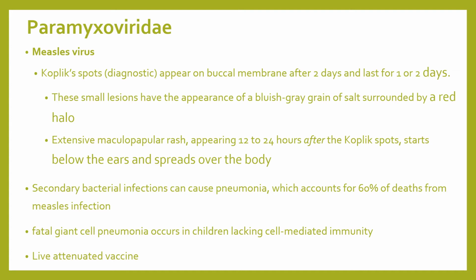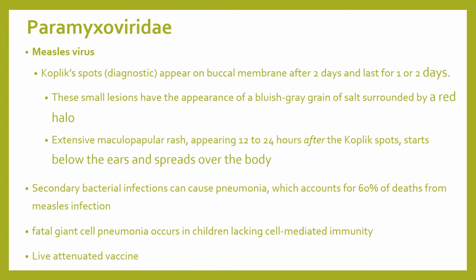Later on, after the Koplik spots, there is an extensive maculopapular rash appearing 12 to 24 hours after the Koplik spots, starting below the ears and spreading over the body, with a cephalocaudal movement from the head going to the toes. Secondary bacterial infection can cause pneumonia, which leads to 60% of deaths from measles infection. Fatal pneumonia occurs in children lacking cell-mediated immunity.